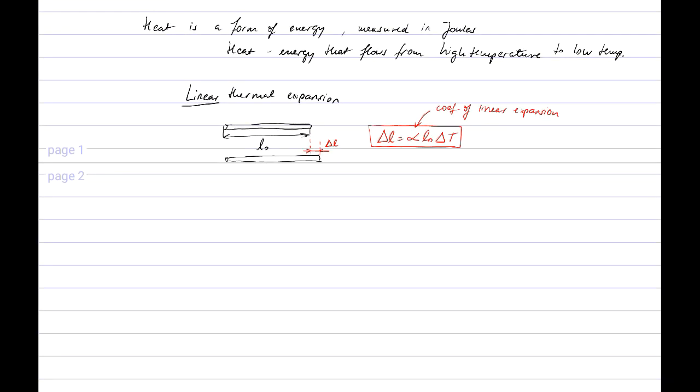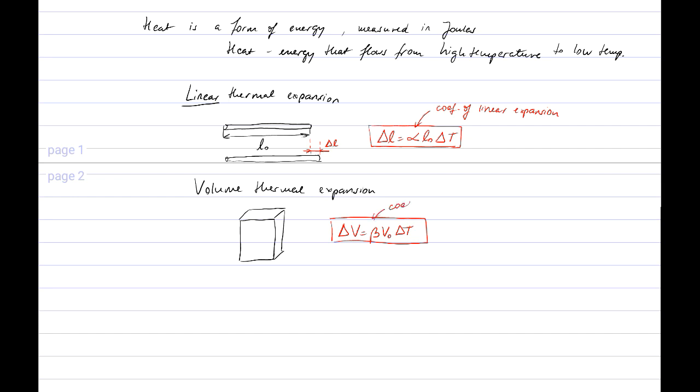Now, if we want to look at volume thermal expansion, so now we have a certain volume that we're changing the temperature for, then the change in volume will be beta V naught delta T. So in this equation, delta V is the change in volume, beta is the coefficient of volume expansion, and V naught then is the original volume of the object, delta T is the change in temperature.